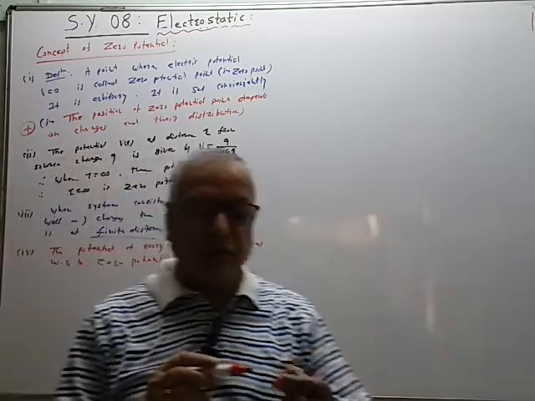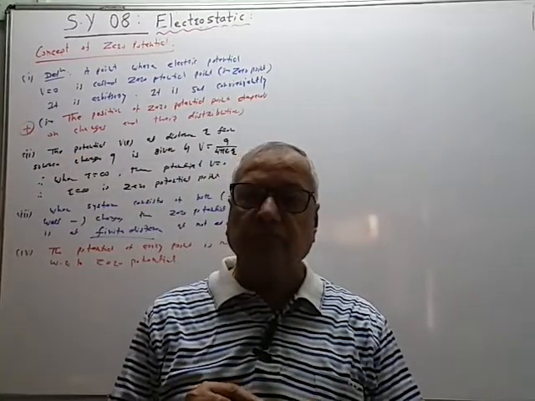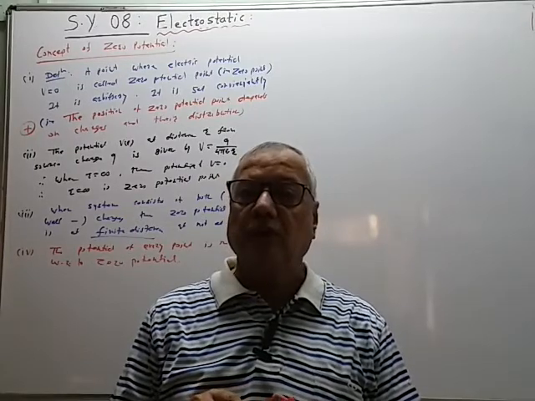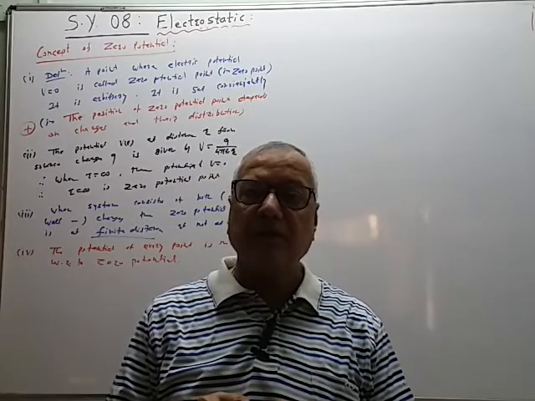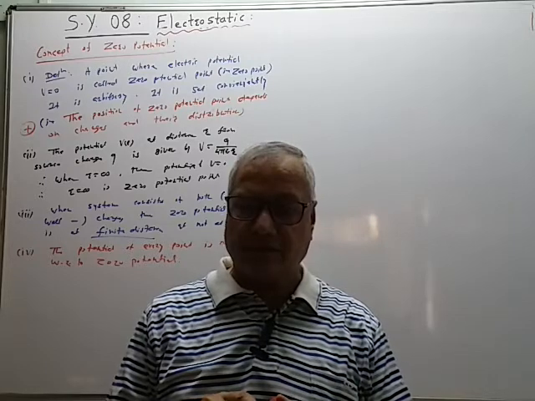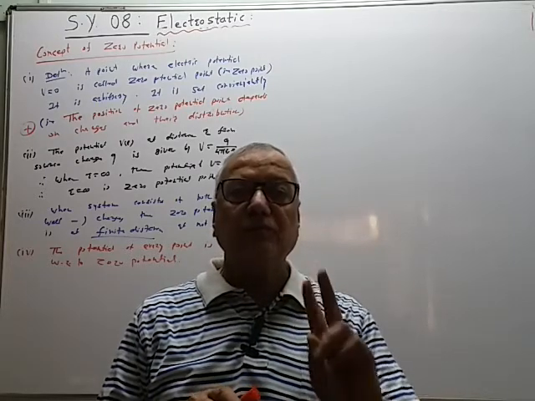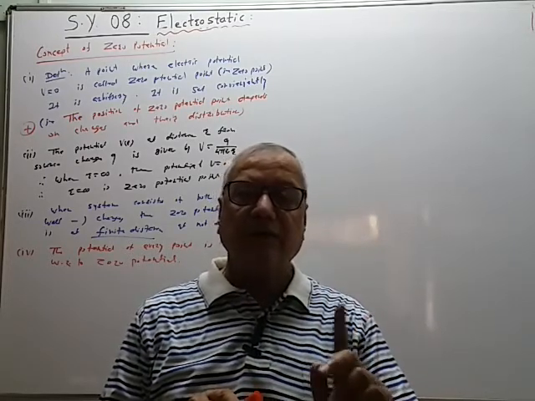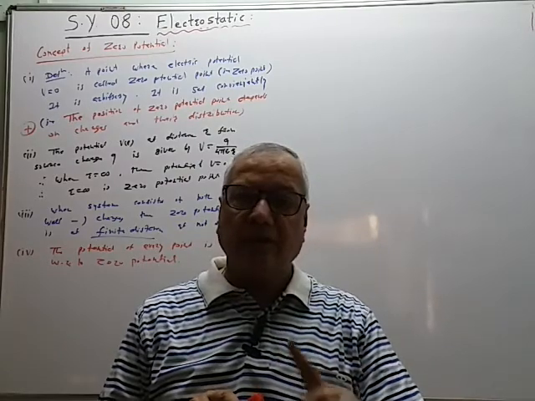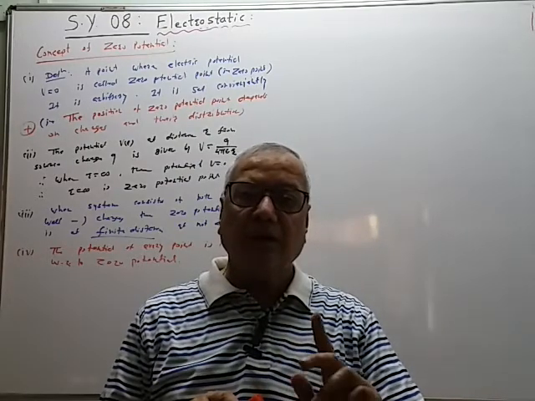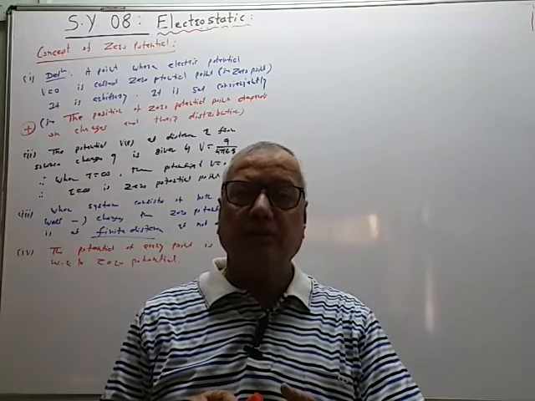So it is a relative value of the potential. For example, MSEB supplies the electricity to us. So there are two terminals, one is a live and other is a neutral. That neutral is the earthing and it is having zero potential.